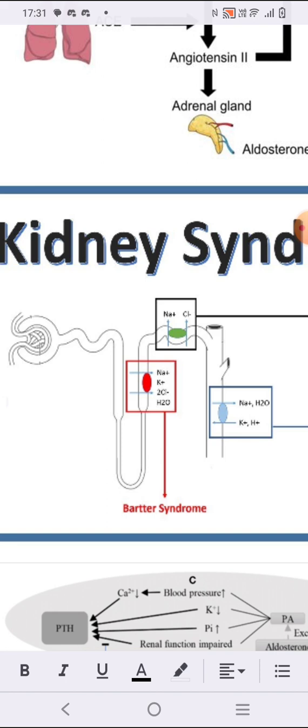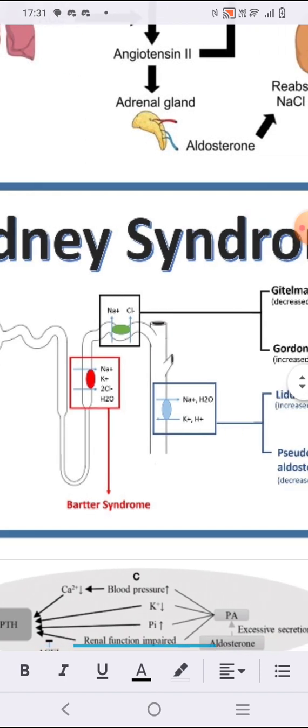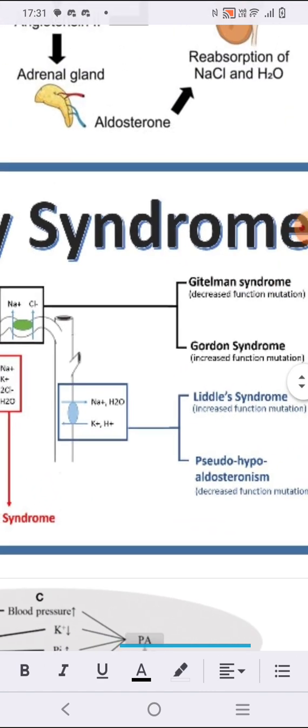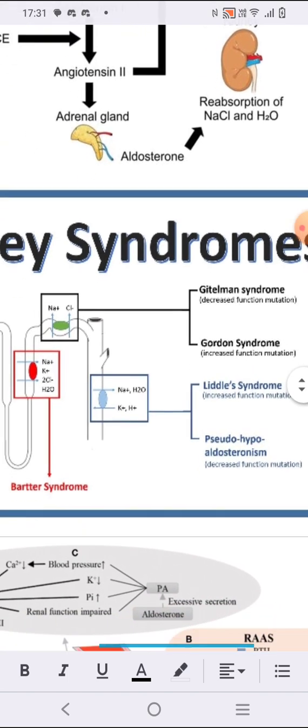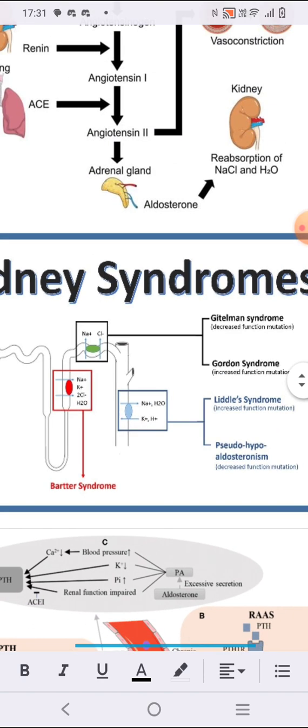Therefore we have a separate group of diuretics, which is potassium sparing diuretics, like spironolactone, an aldosterone antagonist, right, and eplerenone, or ENaC channel inhibitors like amiloride, right?